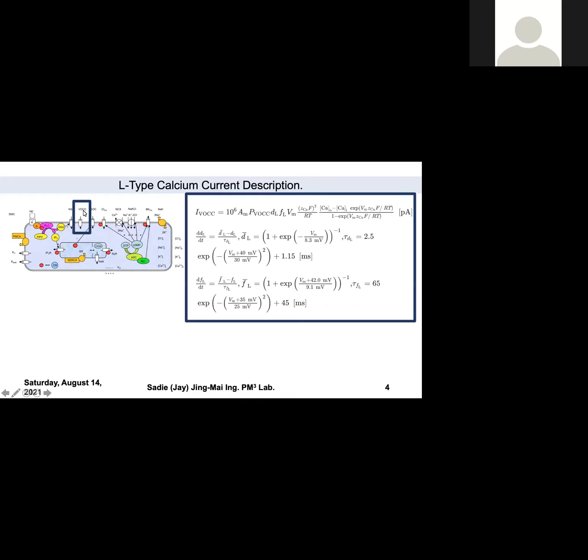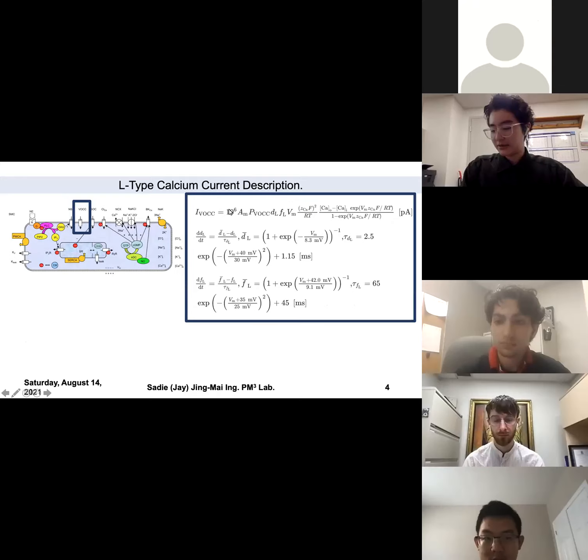Now, I've been talking a lot about the L-type calcium channel and its current, but what are they? Well, this is a diagram of a cell, and this is the L-type calcium channel. Now, this equation up here at the top right can be used to model the L-type calcium current.